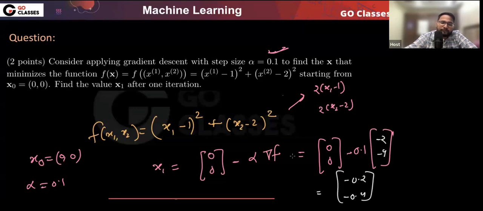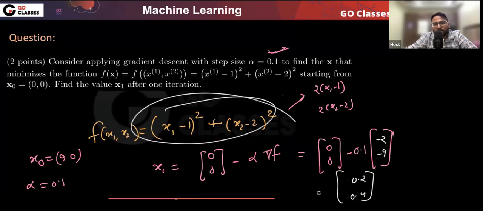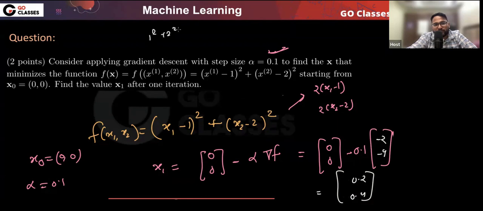Is this fine to everyone? Okay. Now at this point, do you think you have increased or decreased the value of the function? What do you think? Sorry, it is minus and minus, which gives plus. So this is plus. I'm sorry about it. So basically, if you put 0, 0, the function value was 1 square plus 2 square, which is 5.